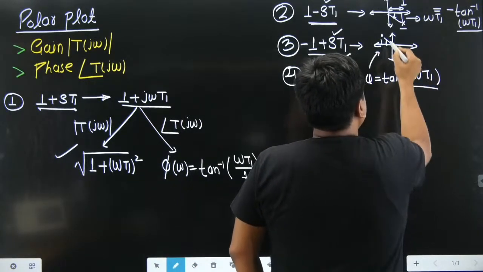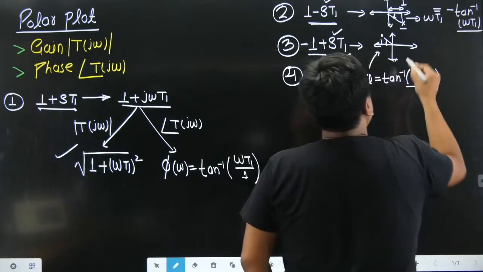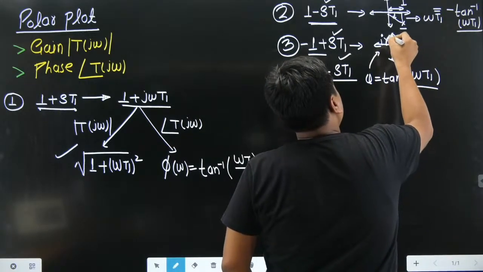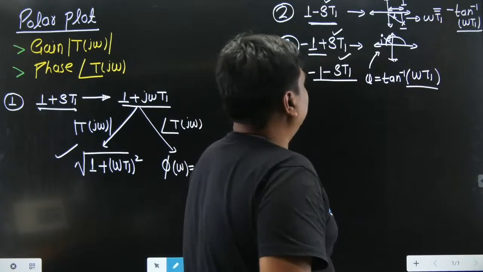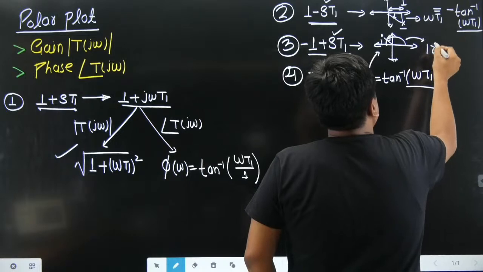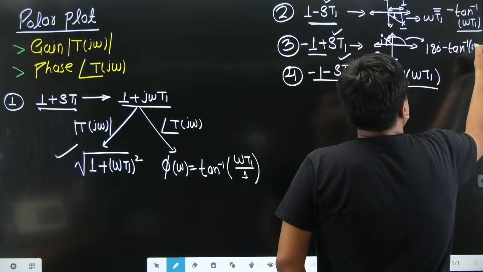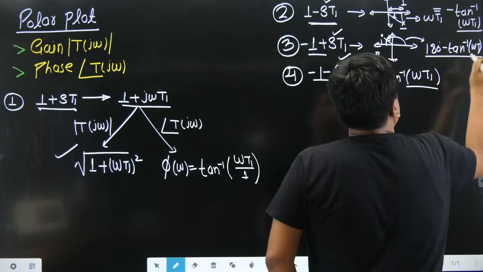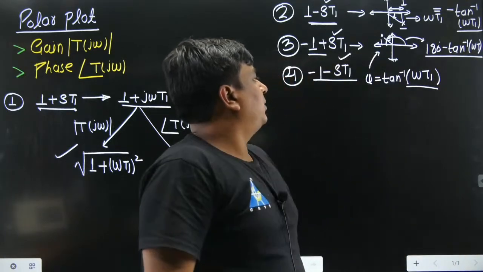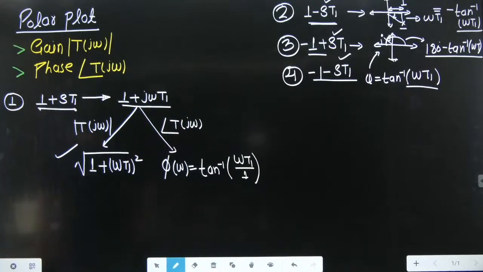So the angle offered by the system is theta, which is tan inverse of omega t1. So what would be the system solution? Obviously it's simply going to be 180 minus tan inverse of omega t1.